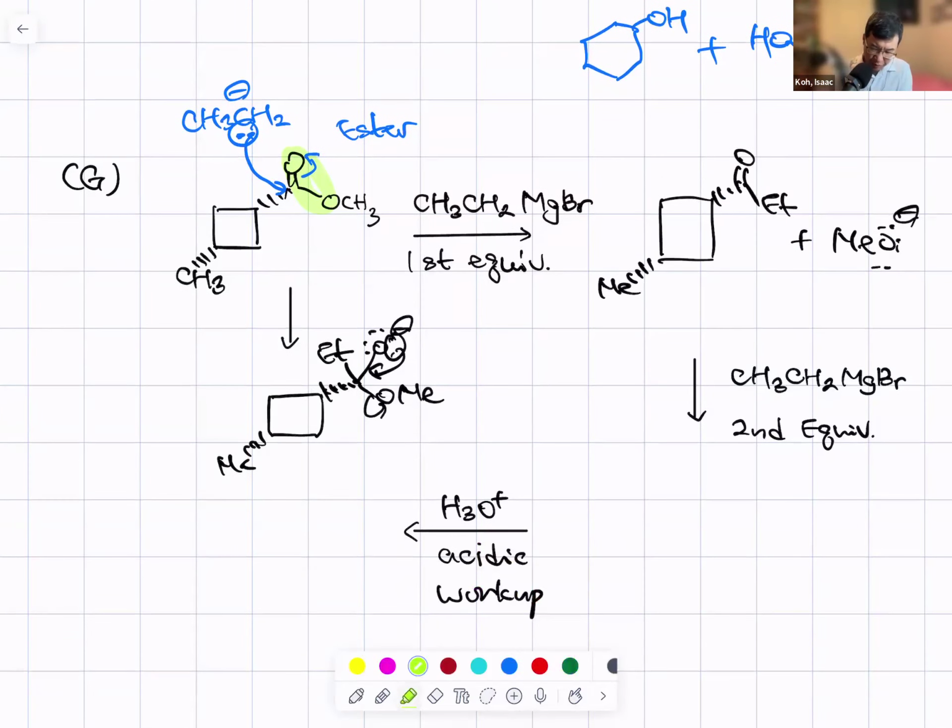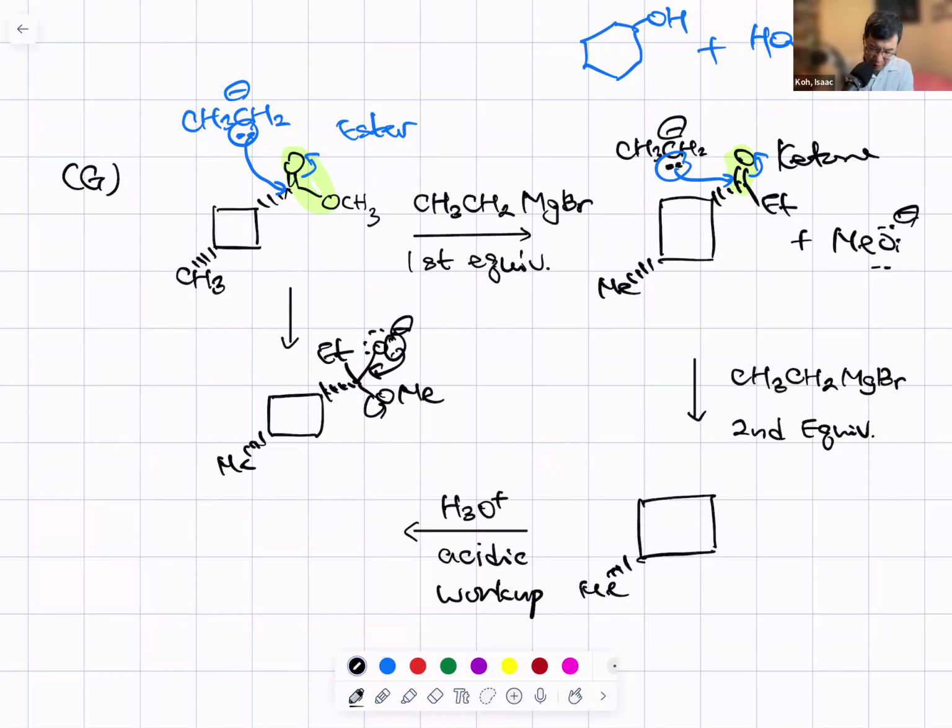Ketone is more reactive than the ester. So the second equivalent of this carbanion will attack more readily upon this ketone, and it will be forming a tetrahedral intermediate. We have methoxide, and then oxide.